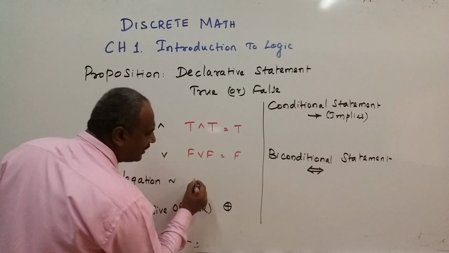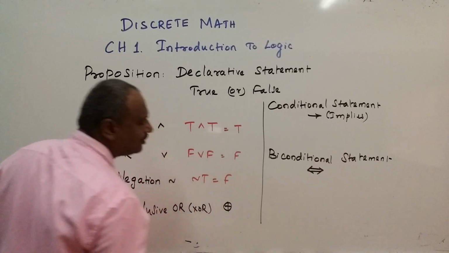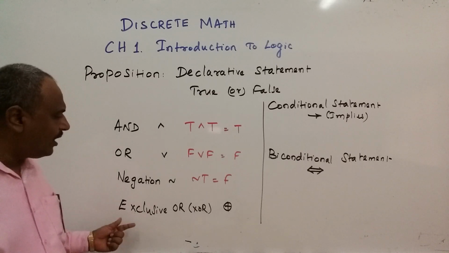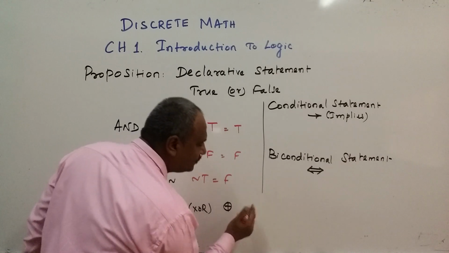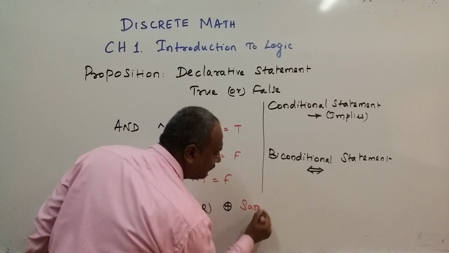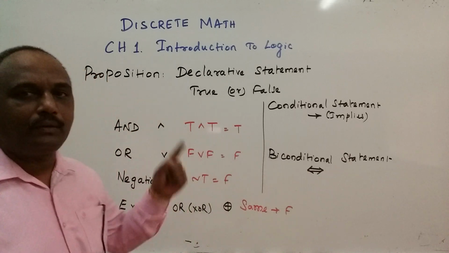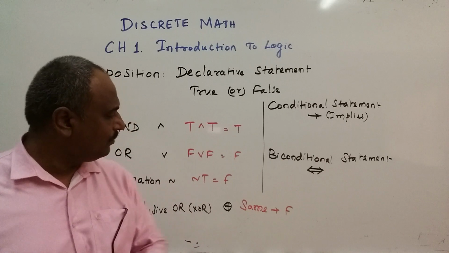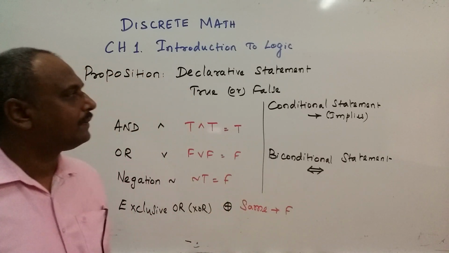Negation is nothing but the opposite. The opposite of a true statement is the false statement. For exclusive OR, we said when the two statements are the same, the result is false. True, true will be false. False, false will be false.